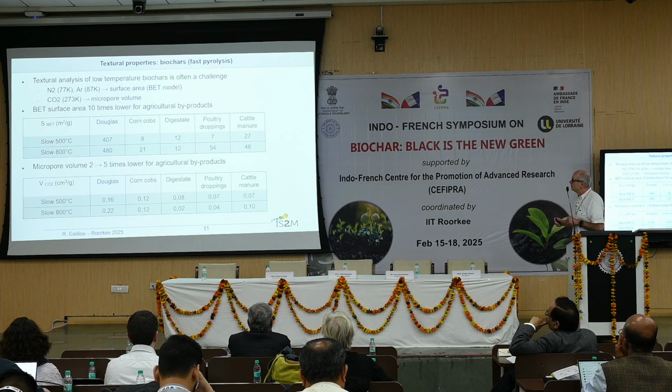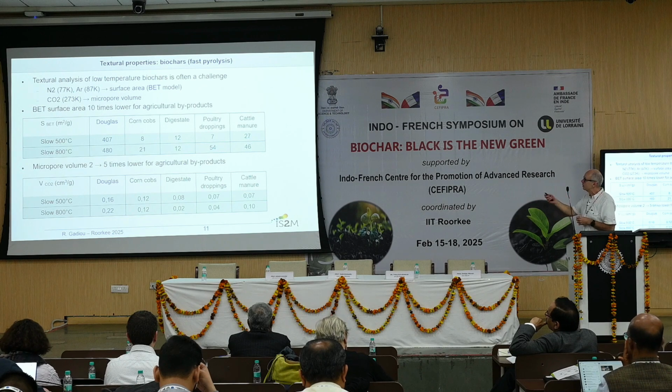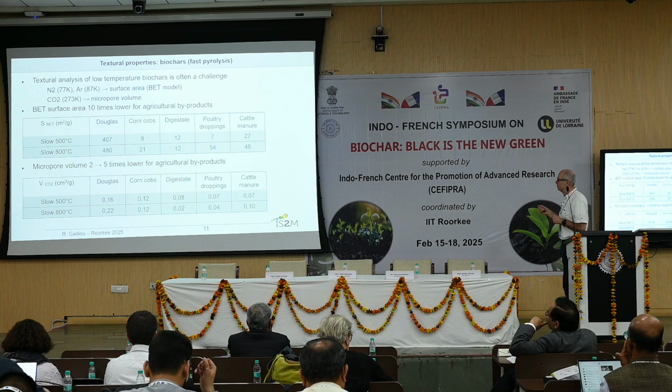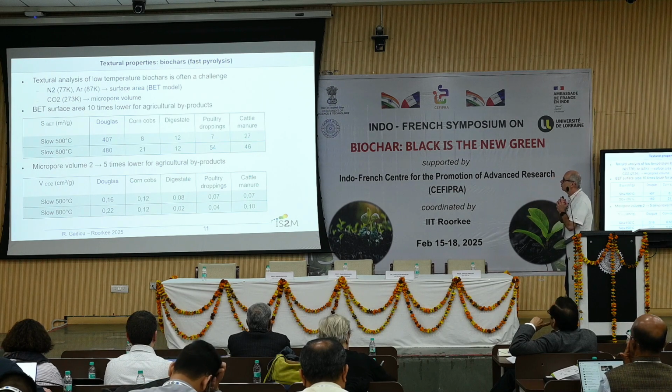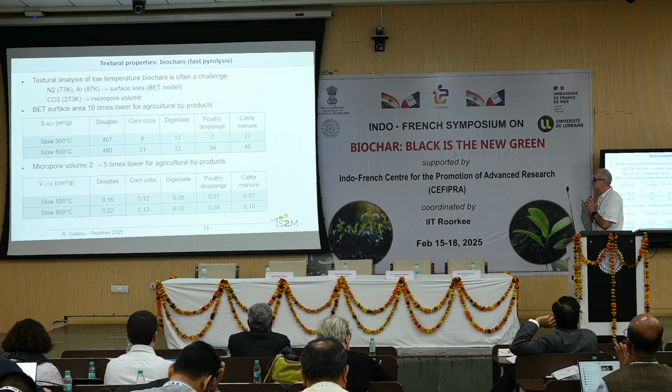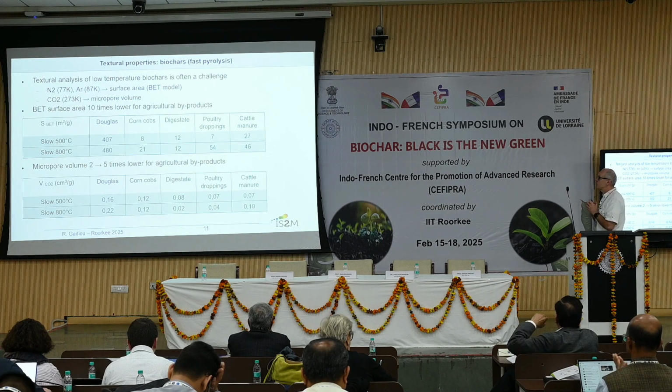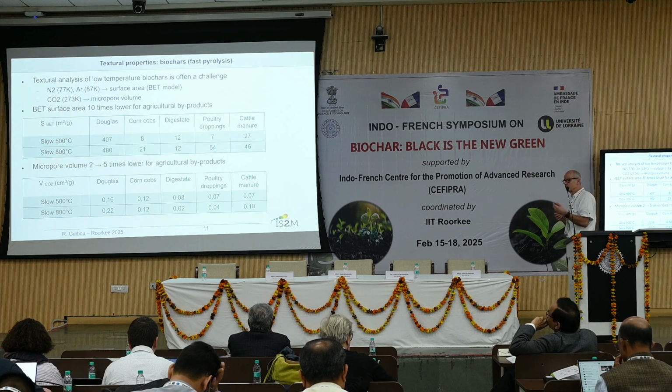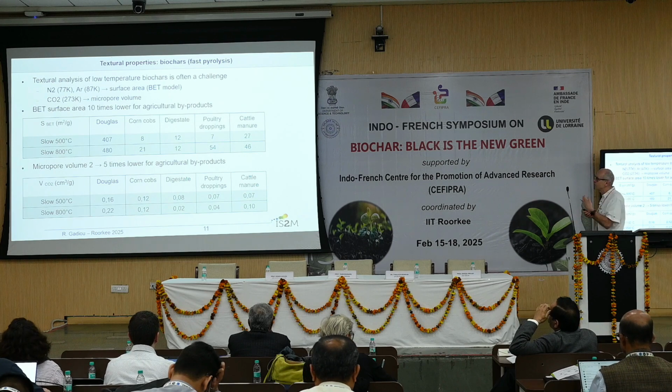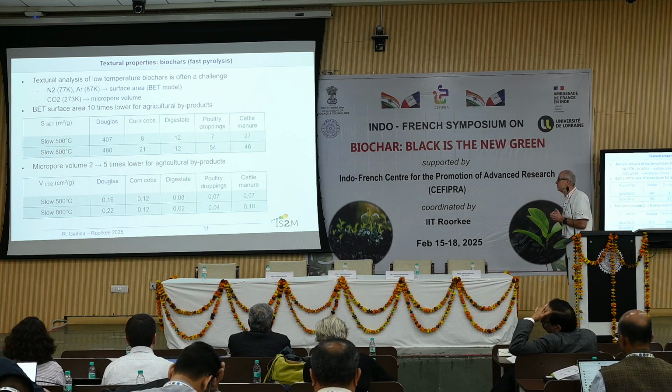We observe generally that it is very difficult with biochar, especially low temperature biochar, and often we use CO2 at 0 Celsius degree. Here I show the result obtained for some material, and what we observe is that with biochar we have a very low surface area. It's only pristine material.